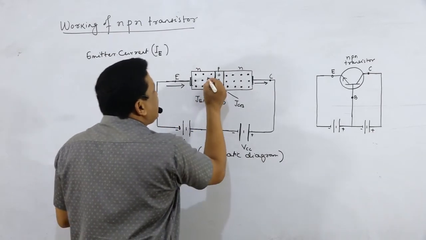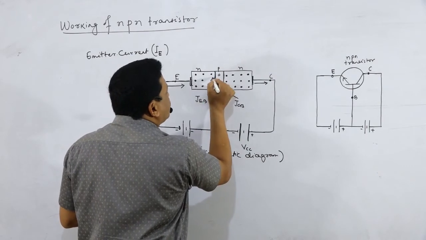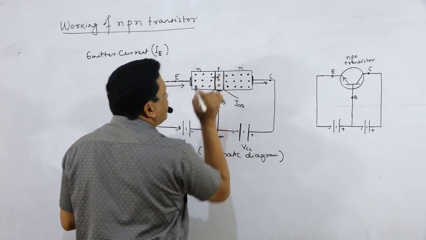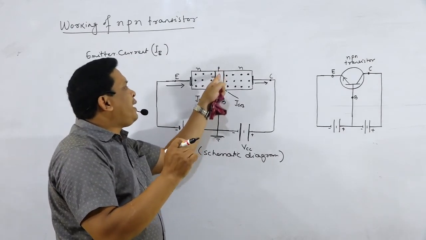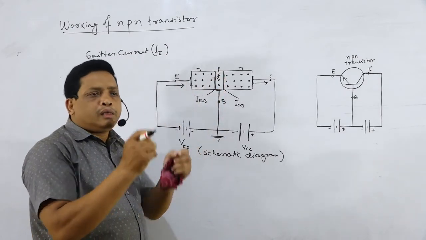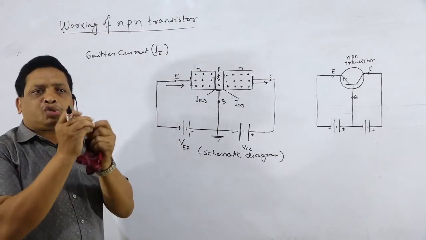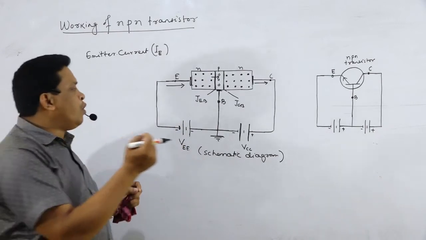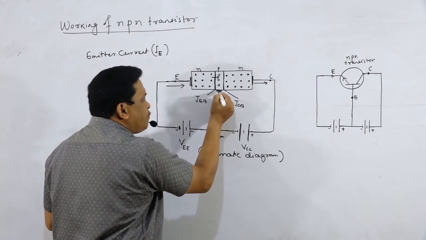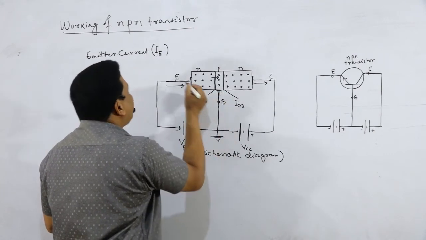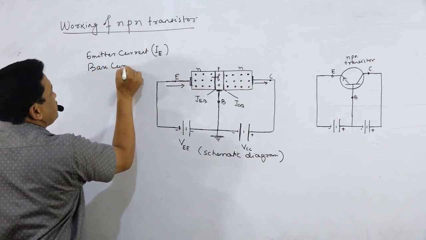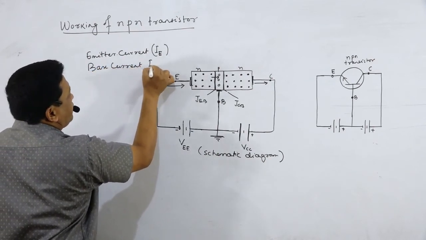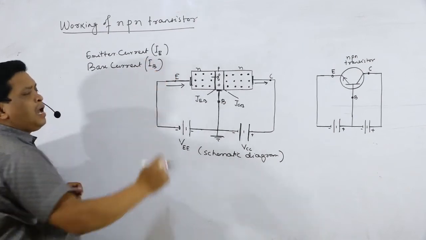Now, as the electrons move from emitter towards base, a few number of electrons combine with the holes in the base region. Due to electron hole combination, a base current flows. So base current, we write like this: IB. Base current is the IB.